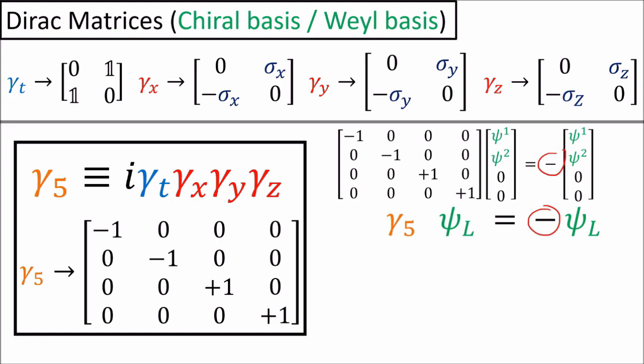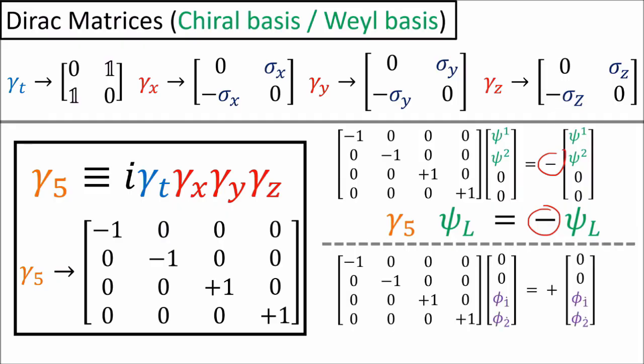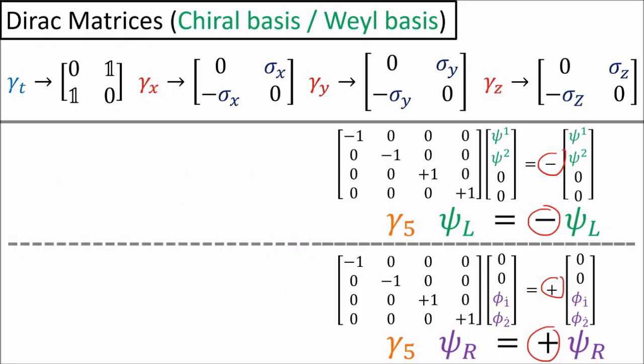In other words, this spinor's eigenvalue under gamma 5 is -1. And if we apply gamma 5 to a Dirac spinor where only the right half is non-zero, then we get an eigenvalue of +1. So we now know how to identify the left and right portions of a Dirac spinor.